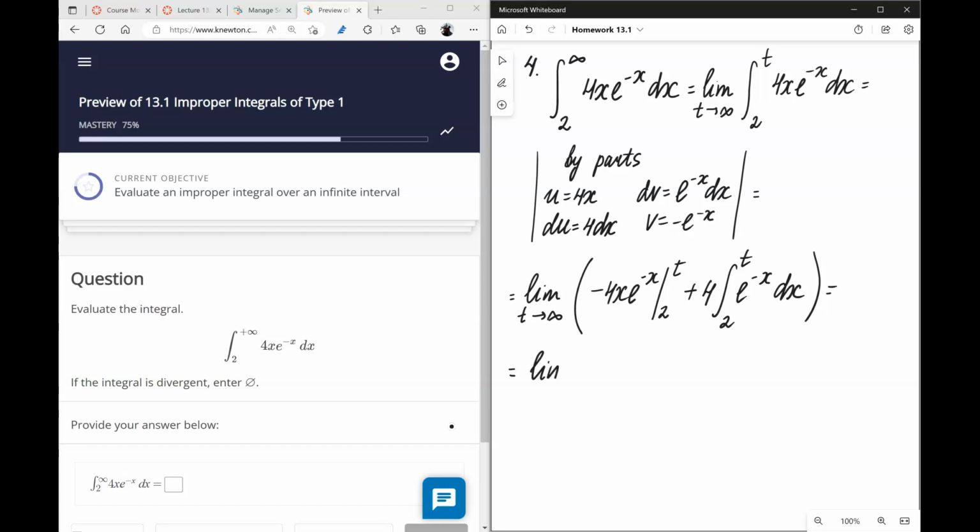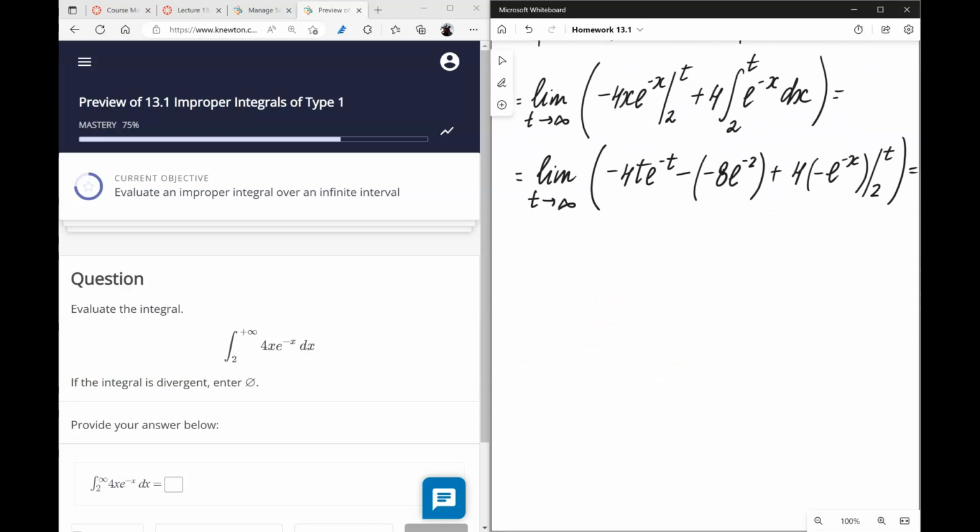So again, we're going to do one step at a time. Minus, and here we're going to have negative, instead of x I plug in 2, plus, it's going to be 4 times -e to the -x, evaluated from 2 to t.